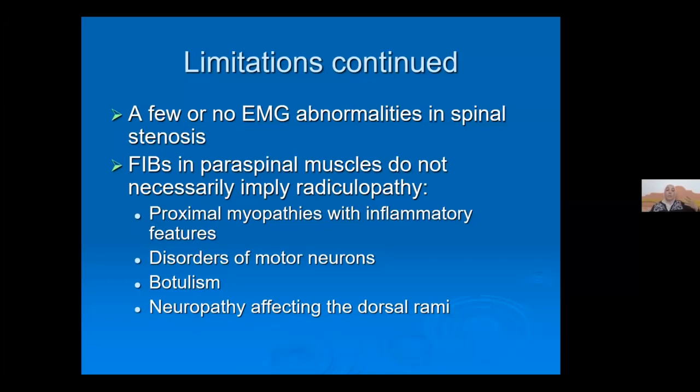Proximal myopathy with inflammatory features. Disorders of motor neurons, as you had a lovely lecture with my colleague, Professor Lamia, last week. In this case, I will be having fibrillations in spinal muscles. Botulism, fibrillation potentials in paraspinal muscles, and neuropathy affecting the dorsal rami.